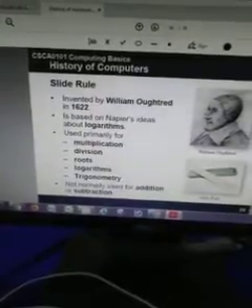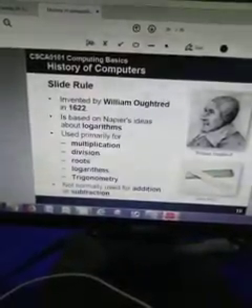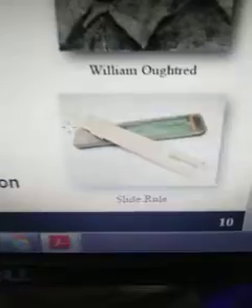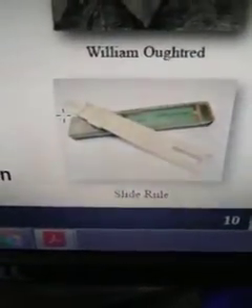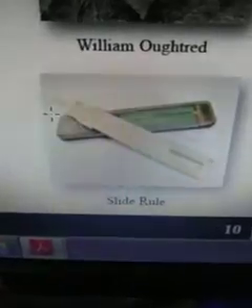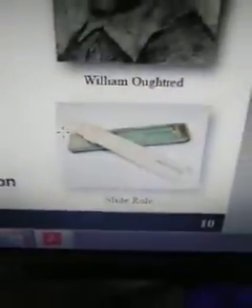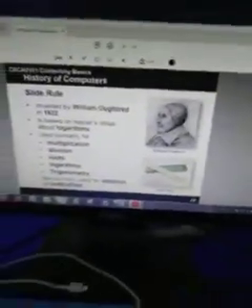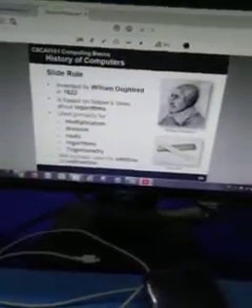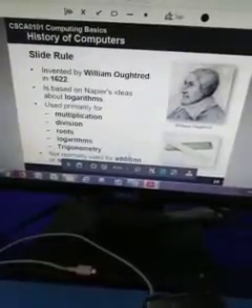It was not normally used for addition and subtraction. Basically, the slide rule is a type of scale on which one slider is also kept. By sliding it, people can do their calculation work.